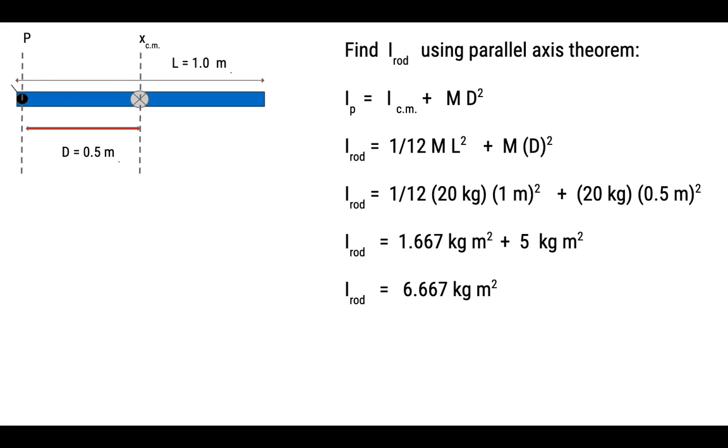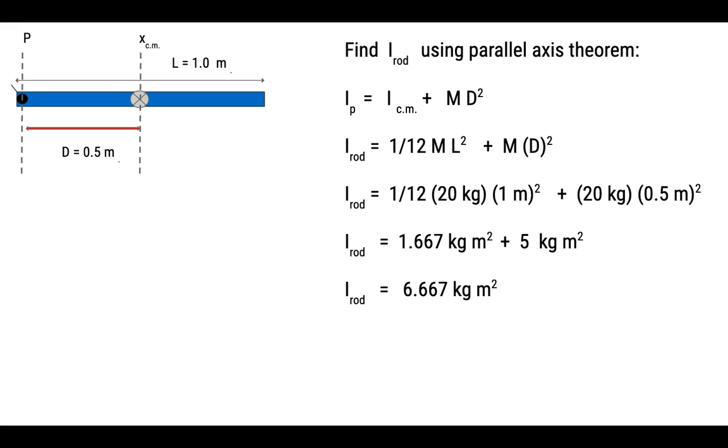So if the object does not rotate about its center of mass, we have to find the moment of inertia either using the integral form of I, the integral of r squared dm, or if the axes are parallel, we can use the parallel axis theorem, which saves us a bit of time.